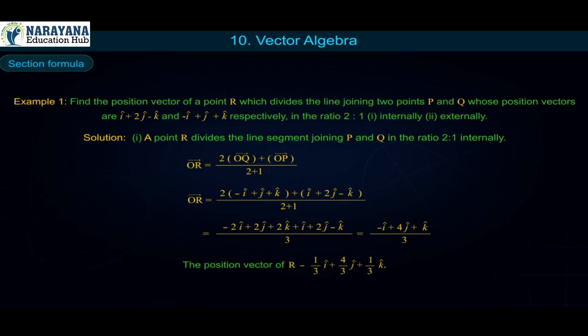The position vector of R is −1/3 i cap + 4/3 j cap + 1/3 k cap.